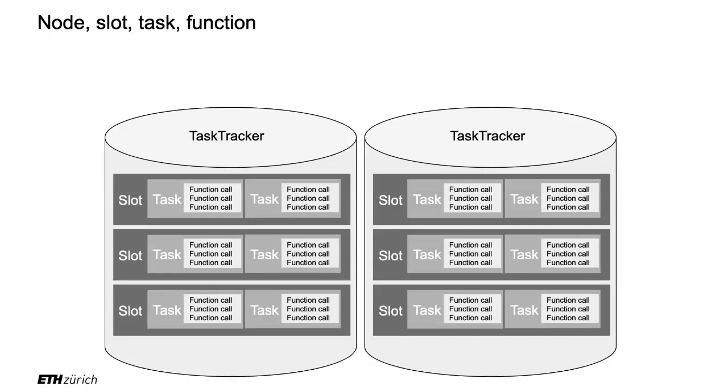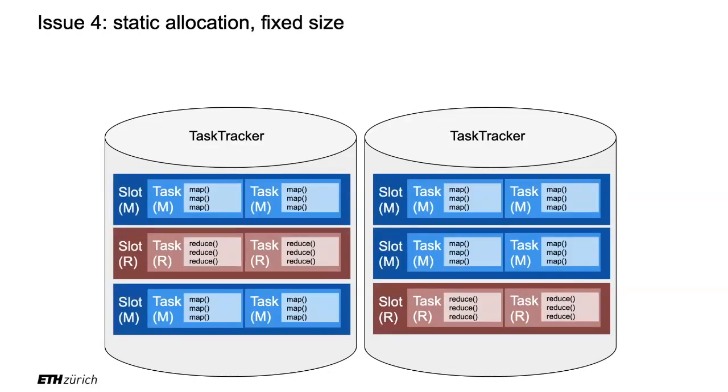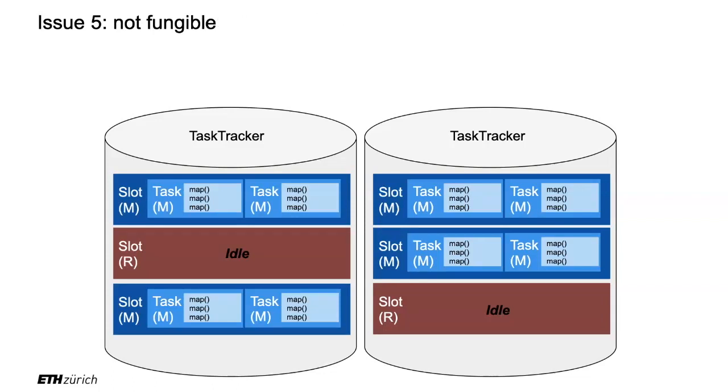Now, another issue has to do with what I told you about the fact that we assign the slots, whether they are a mapping slot or a reducing slot, ahead of the MapReduce job. And that means that during the map phase, the reduce slots are all idle. They're just waiting, because you cannot start reducing until the map phase is completely done, right?